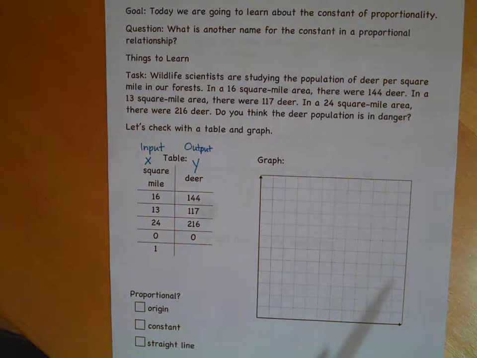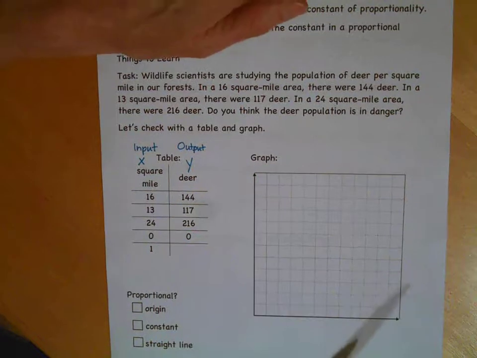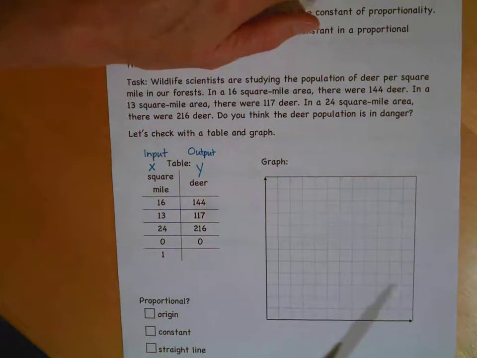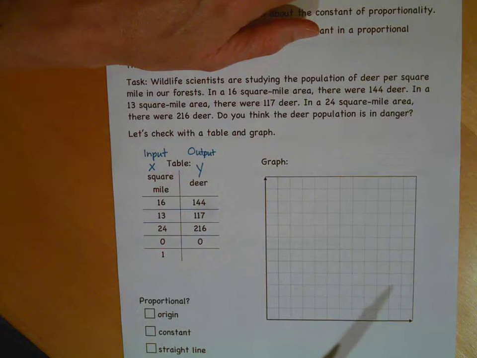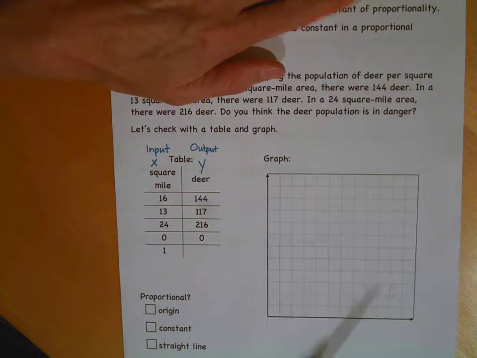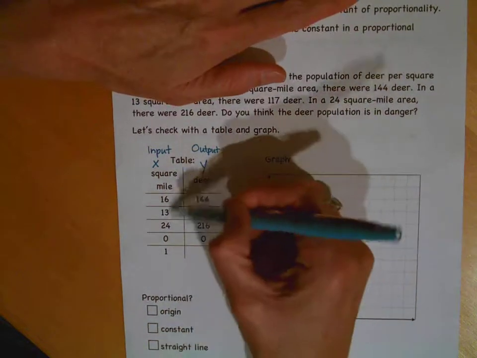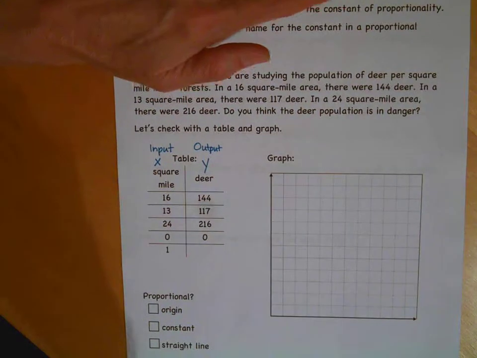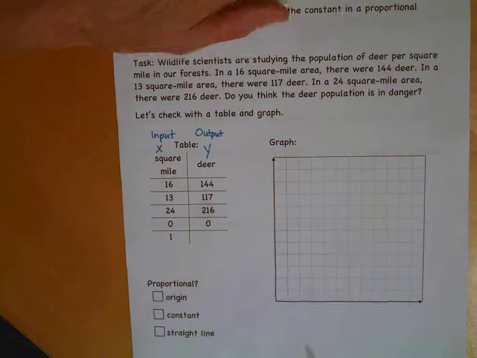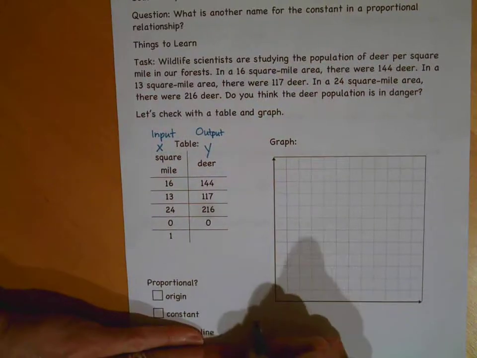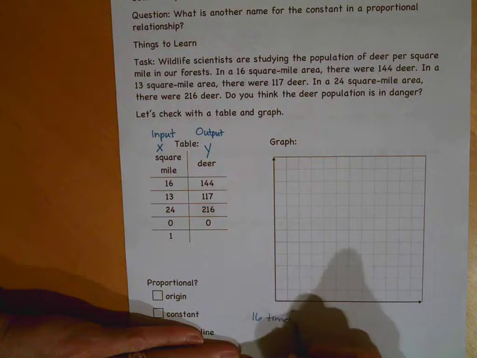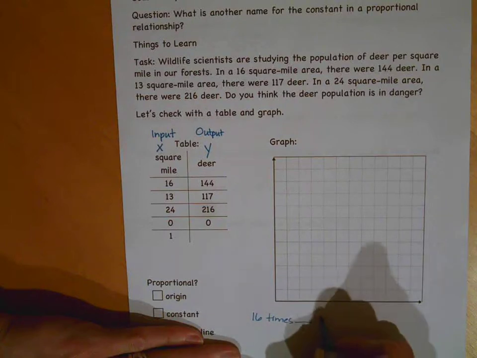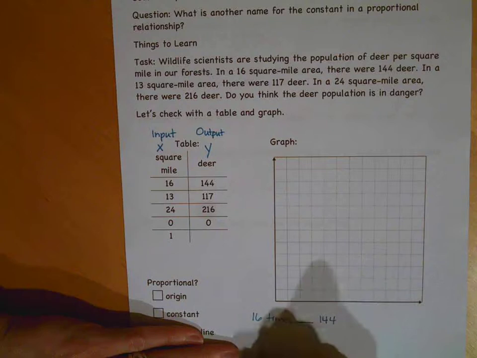All right, so let's try to figure out if we can see a constant here. Remembering the rules, if you have a constant, then you find the same amount that it is multiplied by in order to get your answer. So there are a couple things that we can check. If you remember, we did this pattern where we went 16 times blank gives us 144.